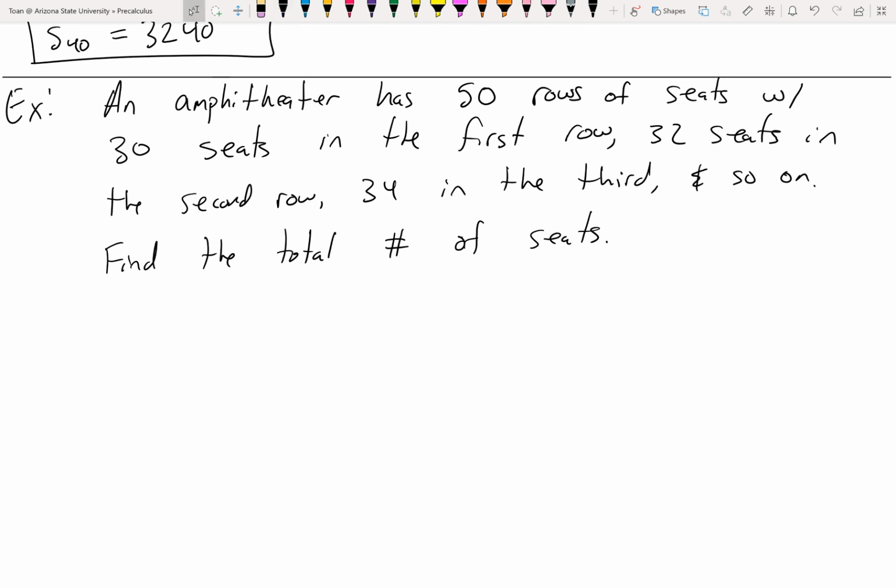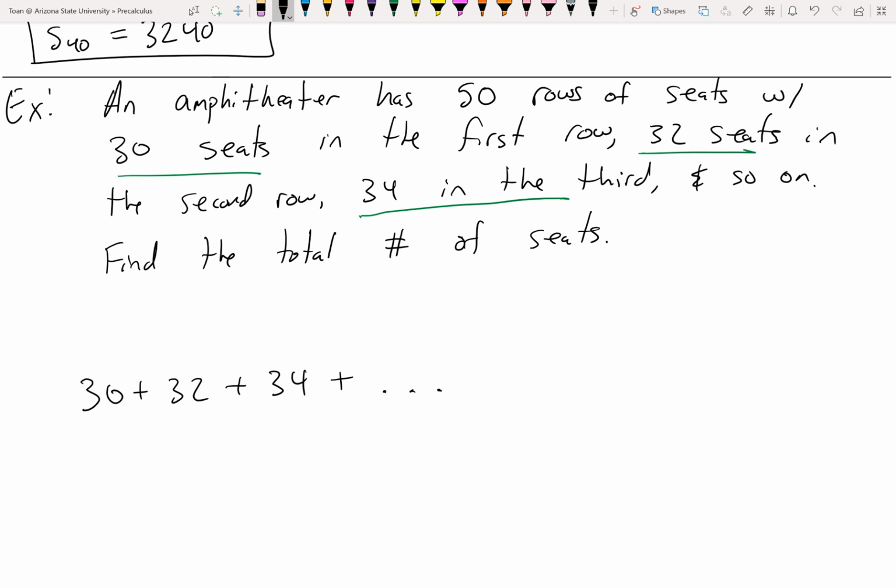So again, let's pretend that this is not 12.2 arithmetic series. We have to verify it's arithmetic before any of those formulas are unlocked. Since the question says find the total number of seats, it's asking us to add up the seats. They did give us numbers: 30 seats, 32 seats, 34 seats. So we're adding 30 plus 32 plus 34 plus, and so on, dot, dot, dot.